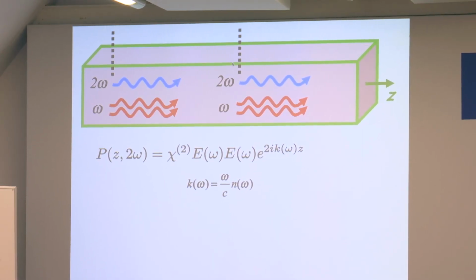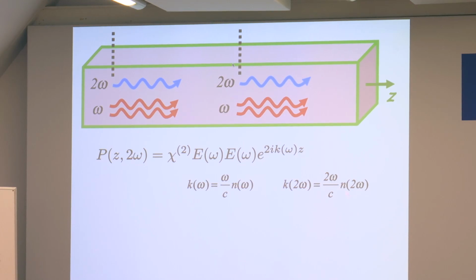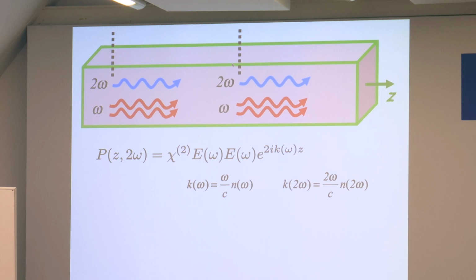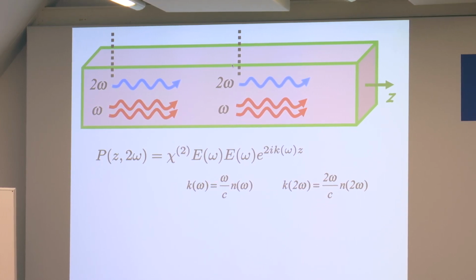And that radiation at 2 omega is going to propagate at the k relevant for 2 omega, which involves the index at 2 omega, not the index at omega. So, in fact, I want these things to match up so that I get a coherent positive superposition of these different contributions.